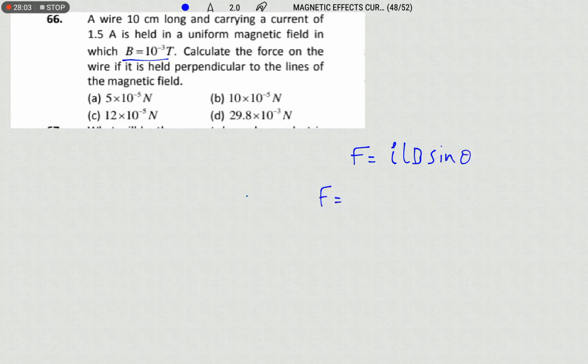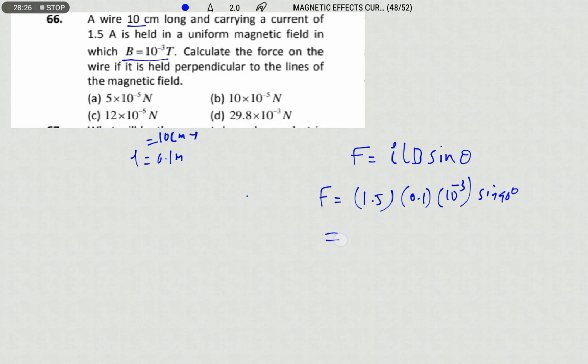So I value is 1.5. Length value is 10 centimeter, which is nothing but 0.1 meter, because I am converting 10 centimeter into meter. B value is 10 to the power of minus 3. So sin 90 because it is placed perpendicular.